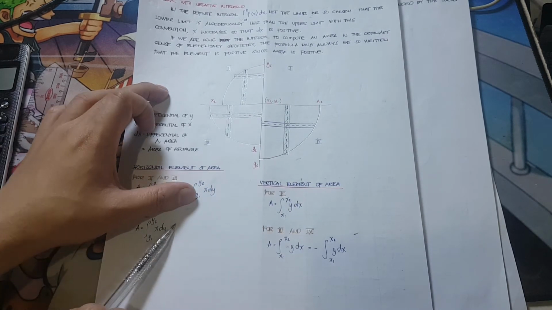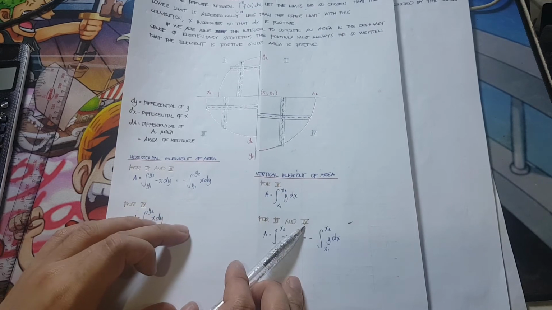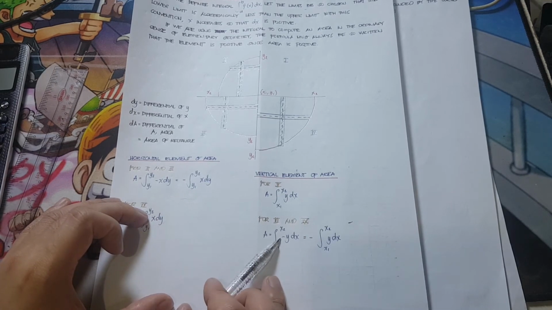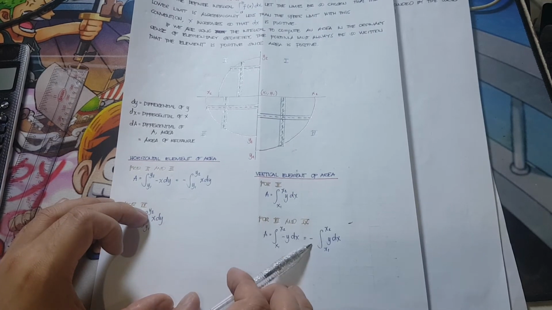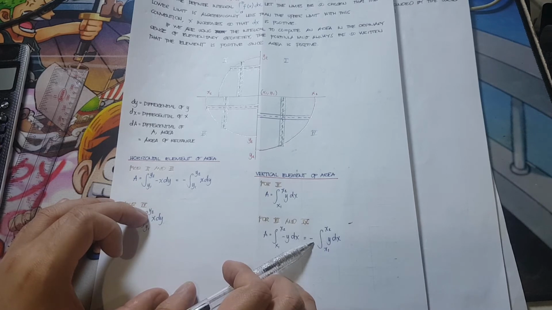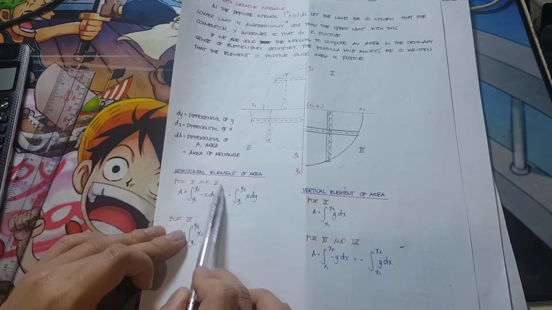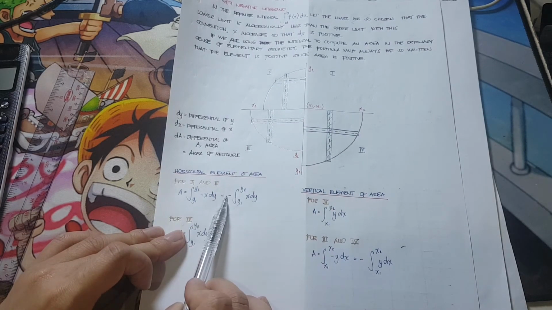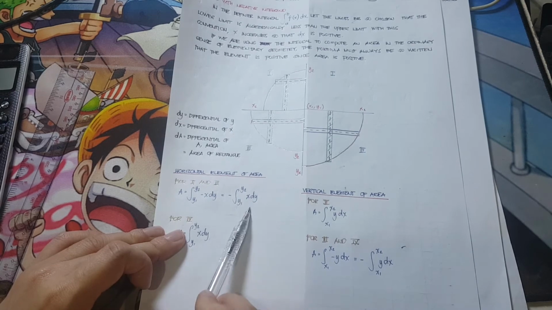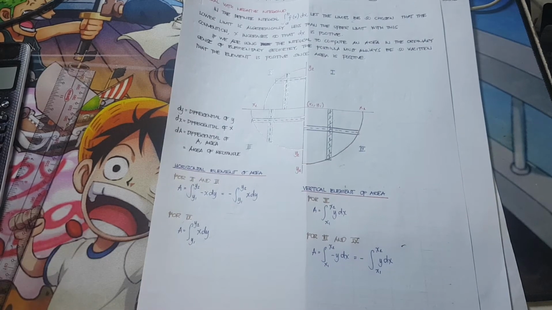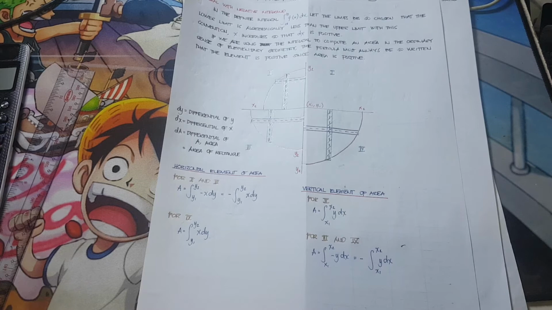But take note, for quadrant 3 and quadrant 4, there is a negative sign. That is to make the area positive. So for the horizontal element in quadrants 2 and 3, it is also negative, to make our area positive, because area is positive.